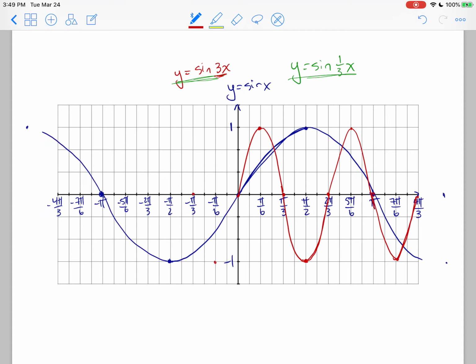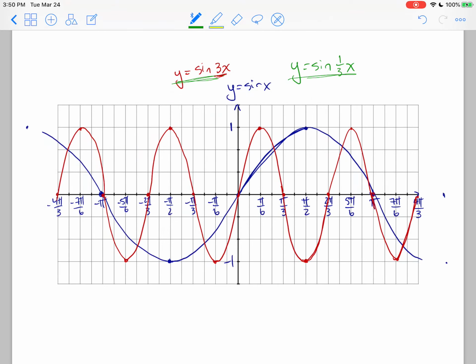Once you know the pattern, it's really easy to follow. Every box that I've labeled is a key point. And there we go. So there's my sine of 3x.